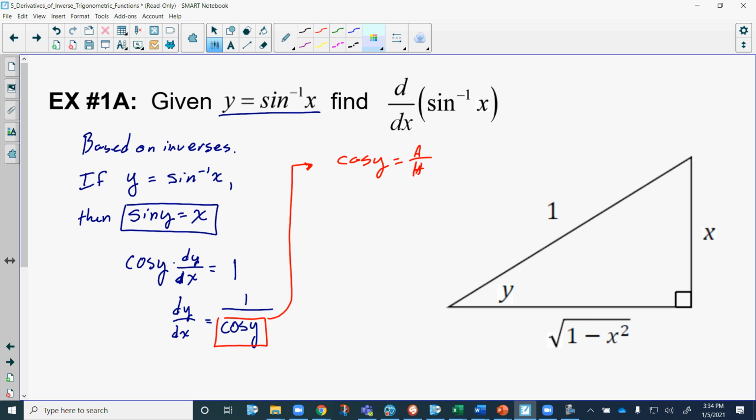In this case, the adjacent side is the square root of 1 minus x squared over 1, which would really just simplify to be the square root of 1 minus x squared. Now that we have that, we know what cosine y is equal to based on what we know of the trig ratios in a right triangle.